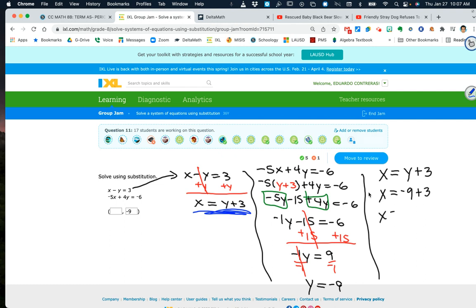And so x equals negative 9 plus 3, which is negative 6. And that's pretty much the hardest level that we'll get to, or we'll have to worry about.